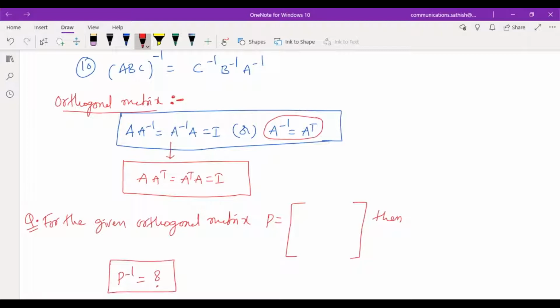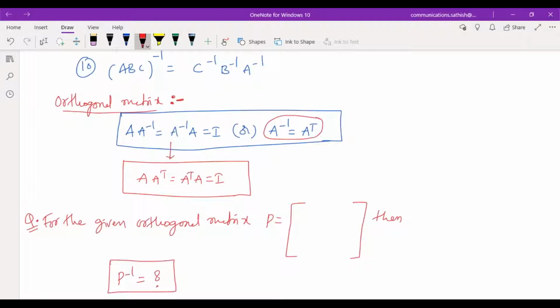Transpose of the matrix. Yes, very good, I'm expecting that answer from you.